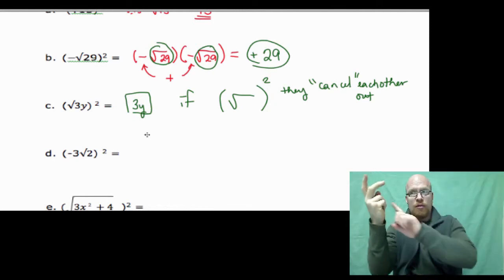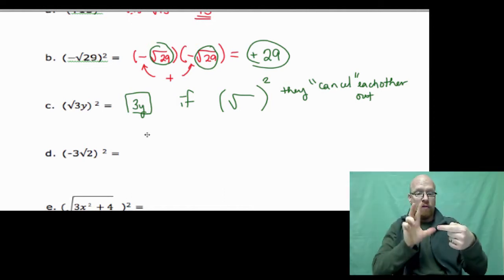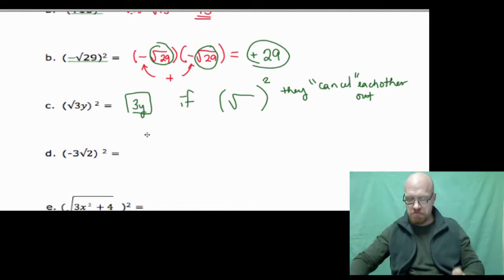So you have square root of 2 squared and negative 3 squared. Let's break it up and make it clear.